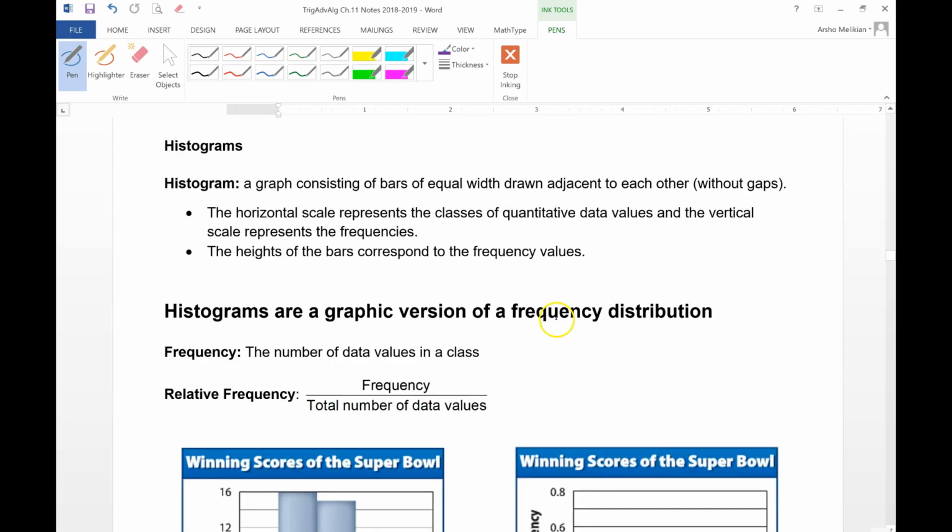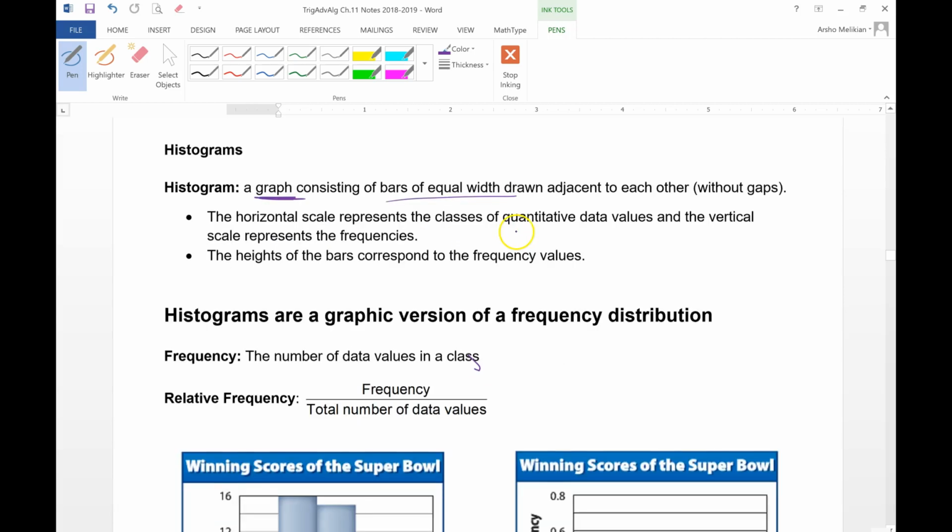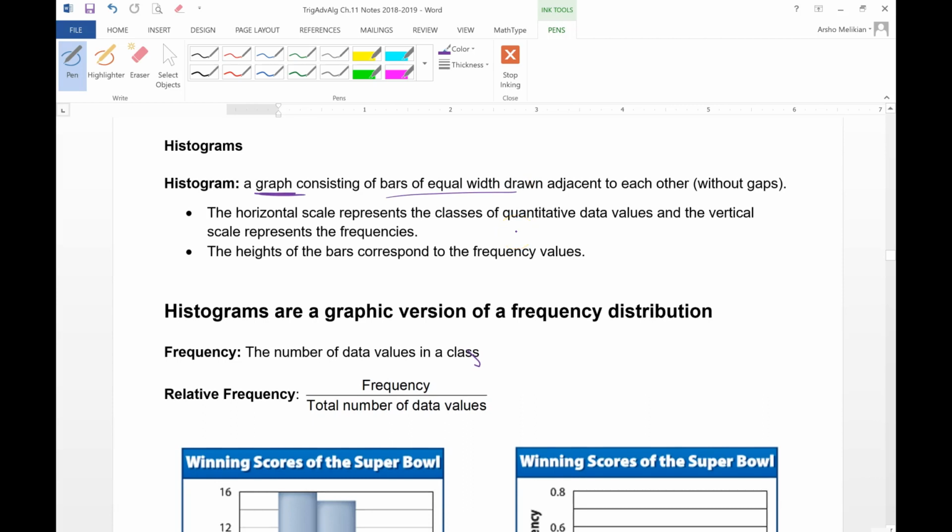What is a histogram, you say? It has nothing to do with history, but it's a graph consisting of equal bars adjacent to each other without gaps. In a histogram, the horizontal scale represents the classes.